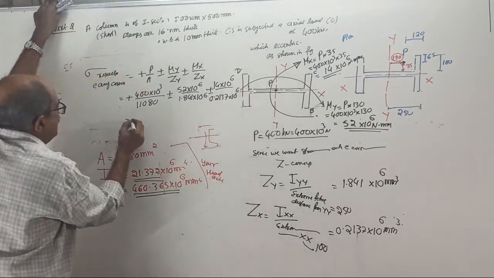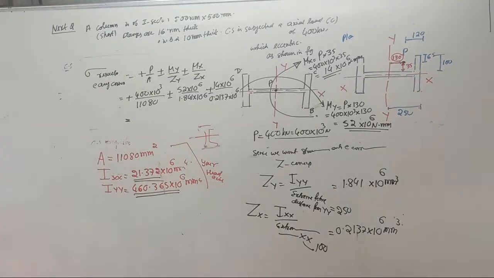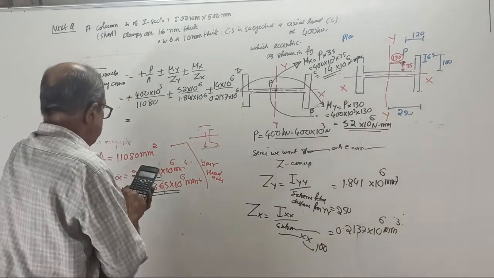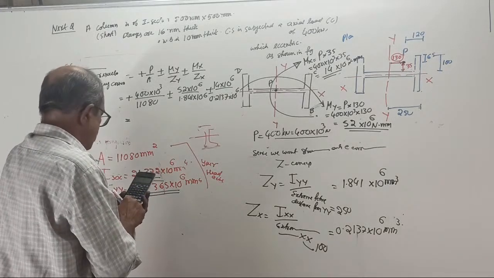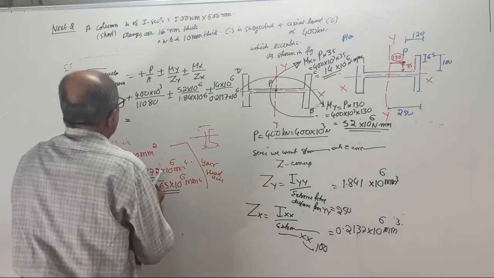I will calculate because you are wasting a lot of time. 400 into 10 to the power 3 divided by 11080 is 36.101.